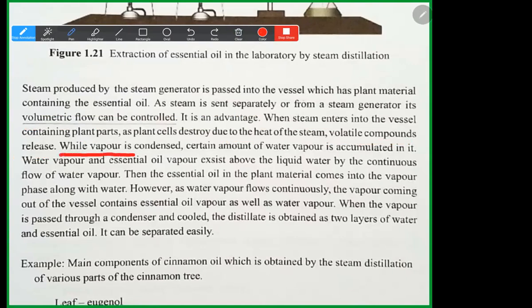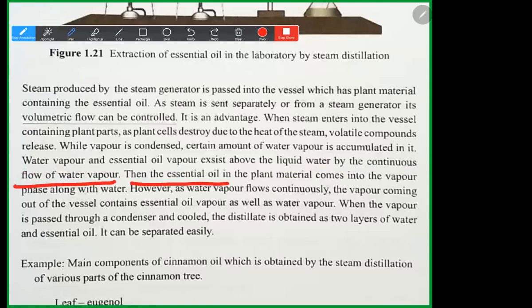While vapor is condensed, a certain amount of water vapor is accumulated in it. Water vapor and essential oil vapor exist above the liquid water by the continuous flow of water vapor.